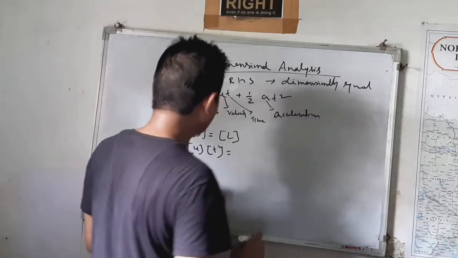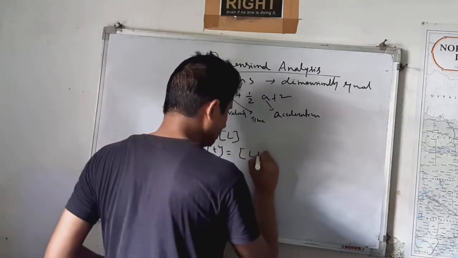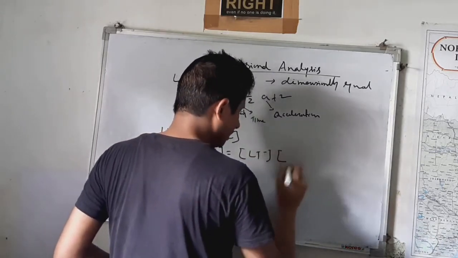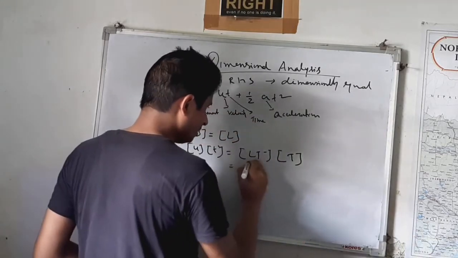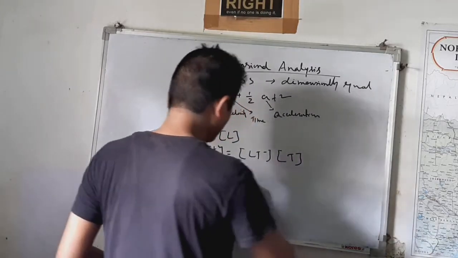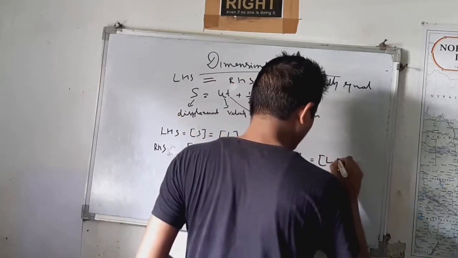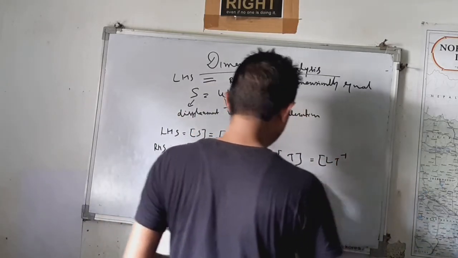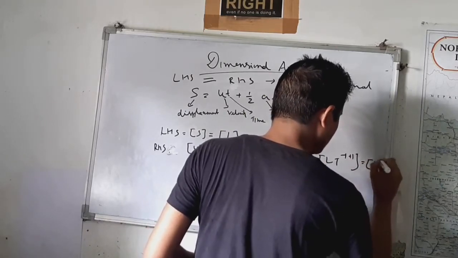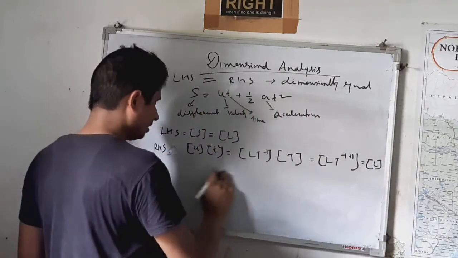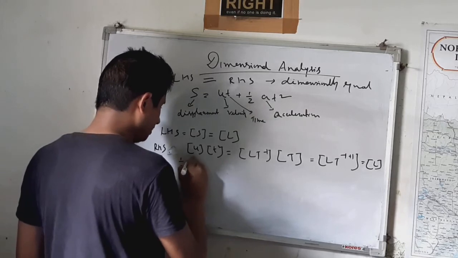For u, which is velocity or speed, its dimension is LT inverse, and for t, it is time, so it is simply T. LT inverse of 1 plus 1, so it is simply L. And half of at square.